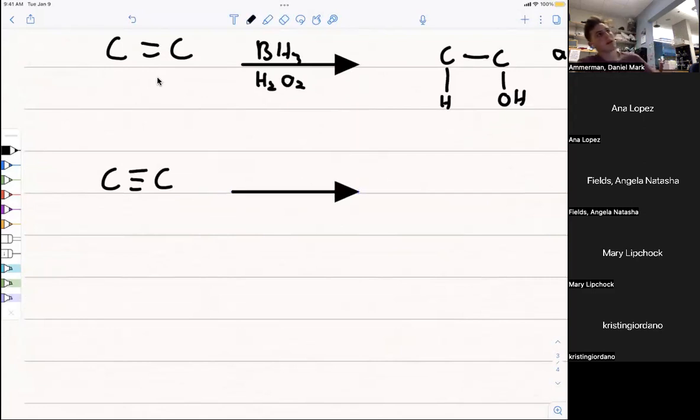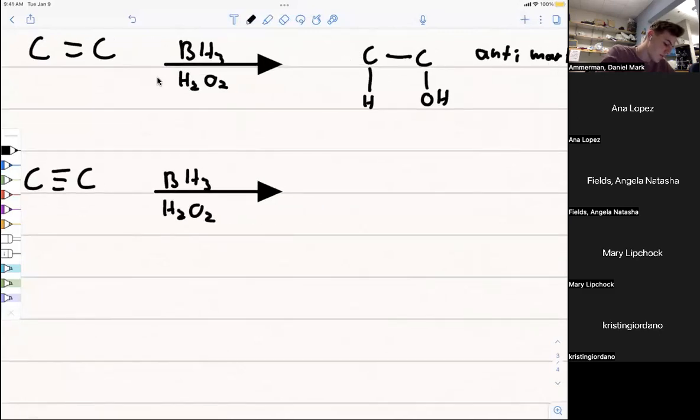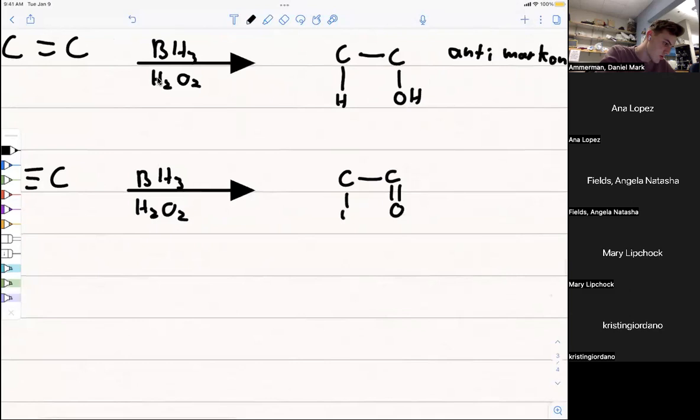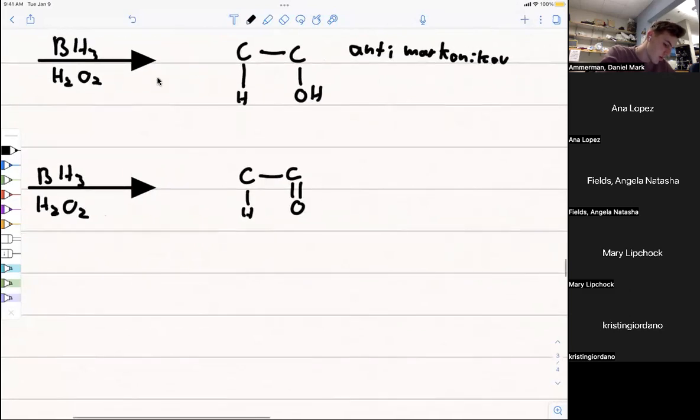I don't know the name of it, but you're still going to make that tautomerization product, where you get this. And then that's on the less substituted as well.